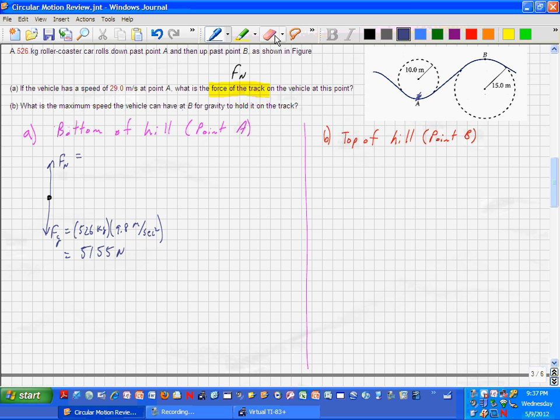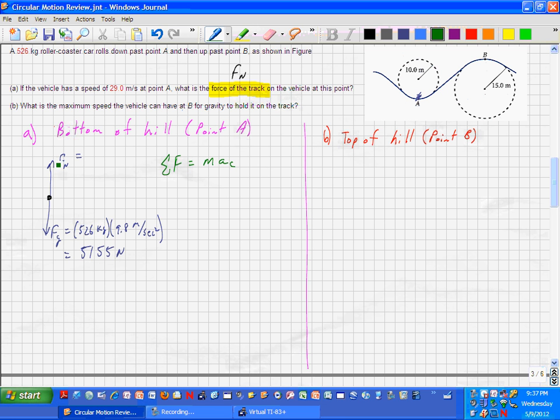So in that case, what we have to do is apply Newton's second law, which is the sum of the forces is equal to mass times acceleration. And since it's accelerating in a circular path, it's going to be centripetal acceleration.